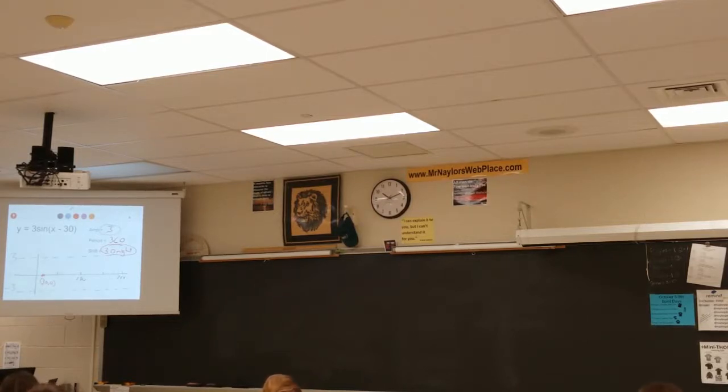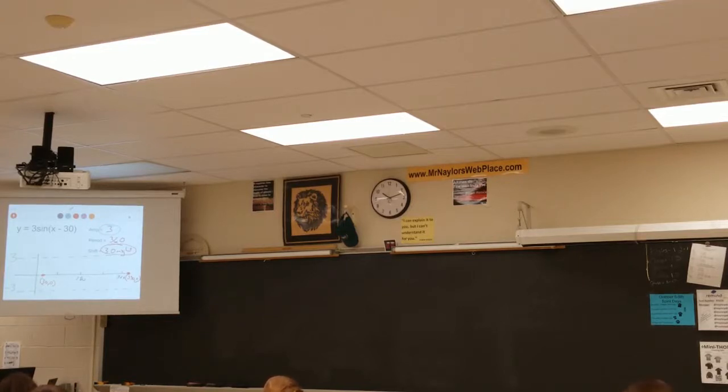And the cool thing about noticing that the graph starts at 30 is that I now can say where it ends, which would be a full period from 30. Now, a full period from 30 is going to be way out there at 390. So again, did you label 390? If you didn't, understand that'd be part of a good answer.